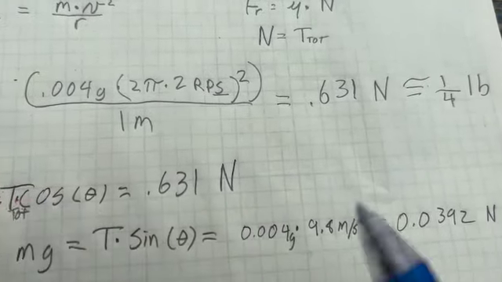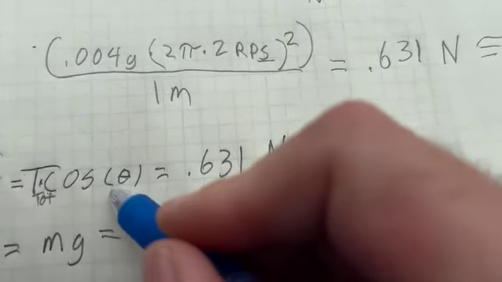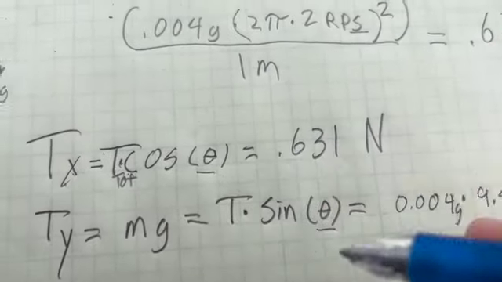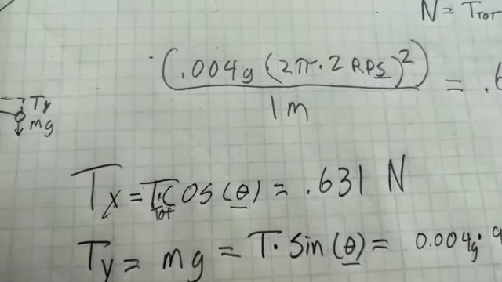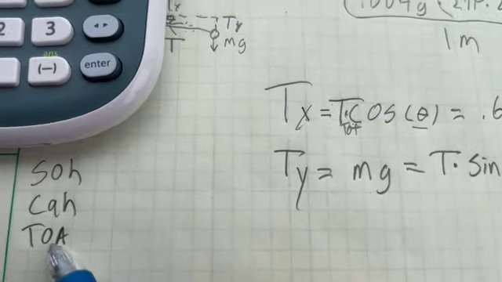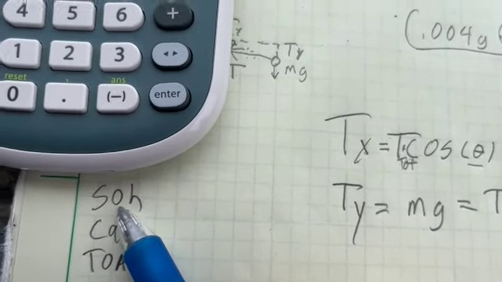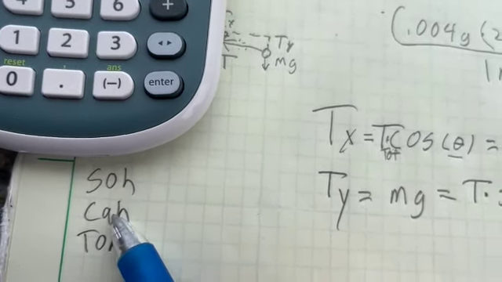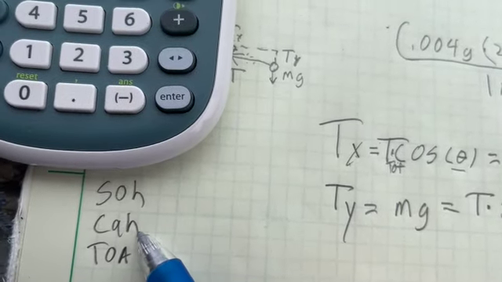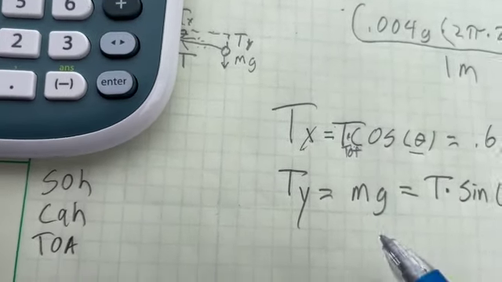So from here, what we're missing is this theta, right? And they're both the same theta. But what we know here is opposite over adjacent. So if we do sine over cosine, we should get theta.